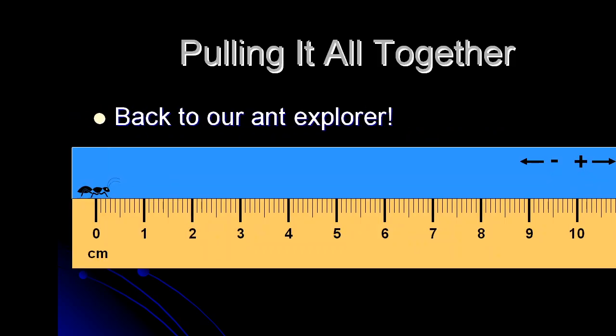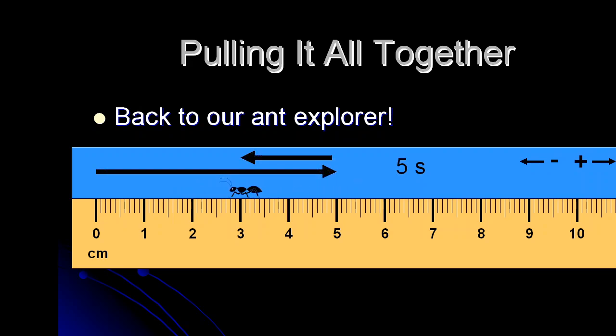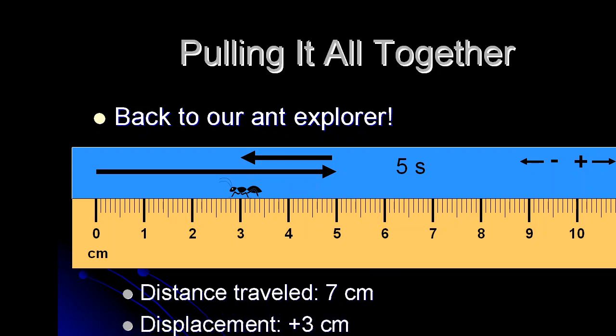All right, there's our Anakin. This guy's at it again, huh? Look at him go. Oh, he took a while to turn around. Oh, okay, made it back. All right, so now he's traveled that distance of 7 centimeters before, right? Displaced the positive 3 centimeters.